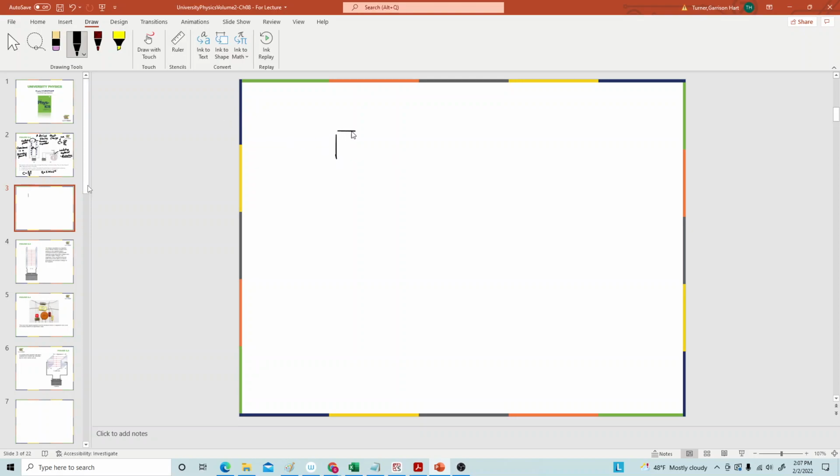So remember that Coulomb's law is equal to Ke Q1 Q2 over R squared, and F has units of newtons. The numerator has units of coulombs squared, and the denominator has units of meters squared. So the units on Ke are going to be newtons times meters squared per coulomb squared.